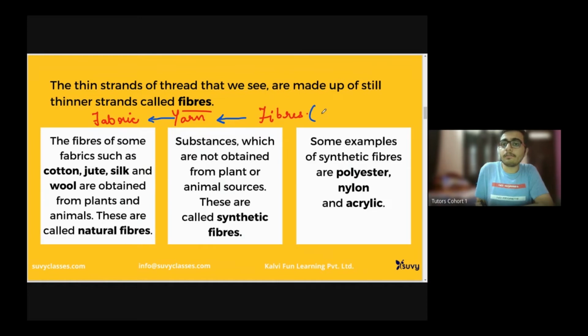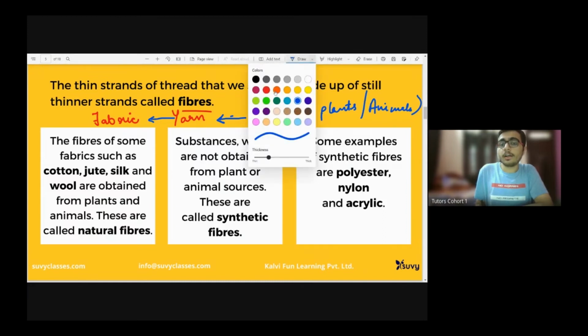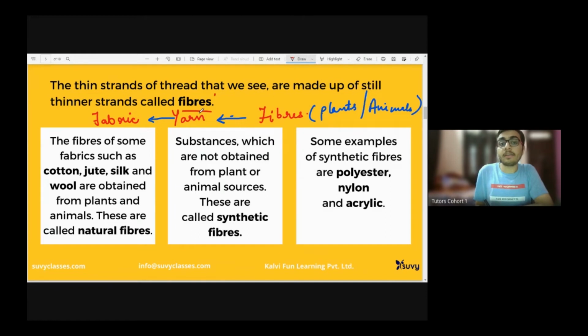Fibers will be collected from plants or animals, and this fiber will be converted to yarn, and yarn will be converted to fabric, right? Now, very important. As I said earlier, these fibers can be sourced from plants or animals.